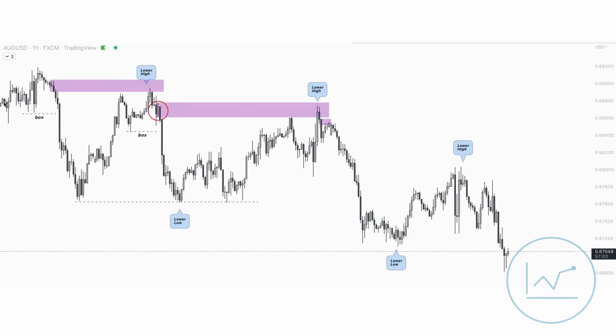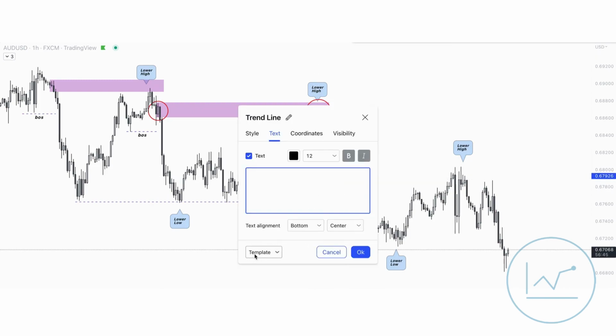So as you can see here, the price came back on the zone, on the supply zone, and then creates a bearish move and breaks this previous structure to the downside.